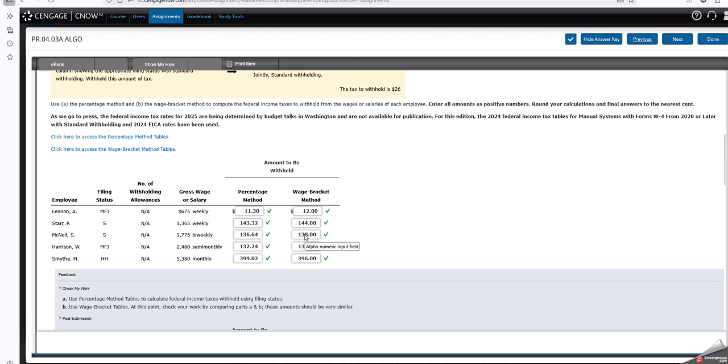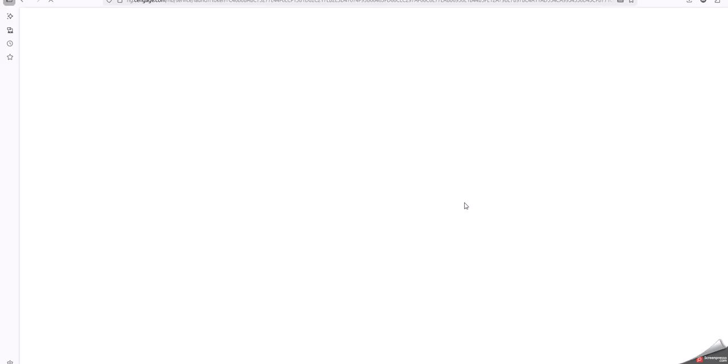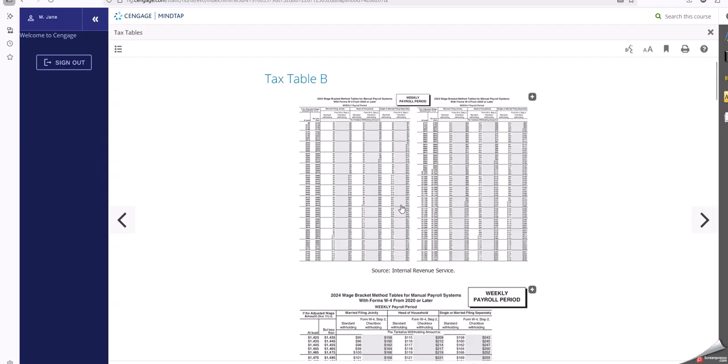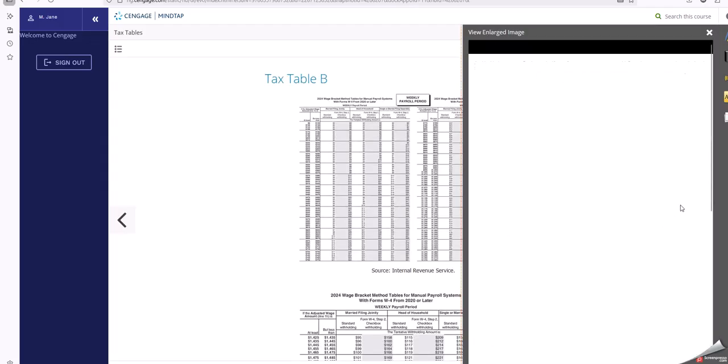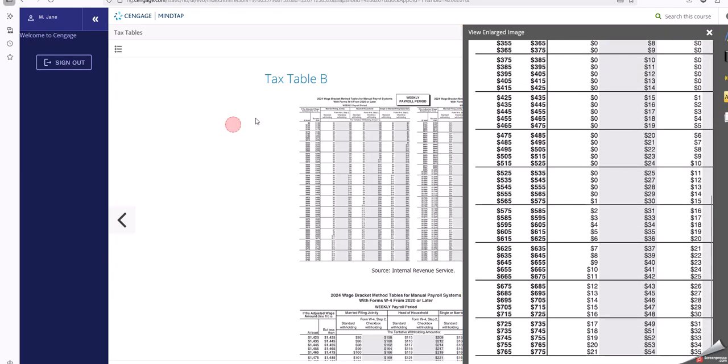Now we'll go over to the wage bracket, and we'll find 1,775 biweekly and single. Okay, so we will click on this and see if we go down, if it'll take us, or do I have to find each one individually? Okay, maybe that's not the case.